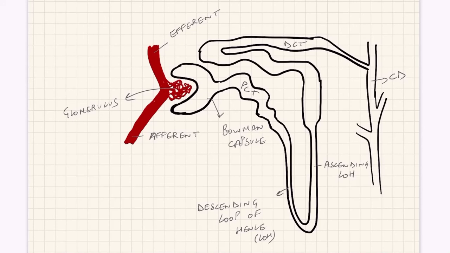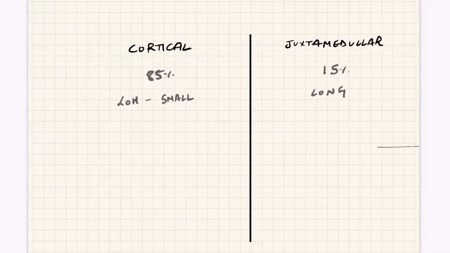So if the loop is long, the gradient will be larger, helping in more absorption of water and fluids. That's why the function of cortical nephrons is only excretion, whereas juxtamedullary nephrons are also involved in excretion and concentration of urine.